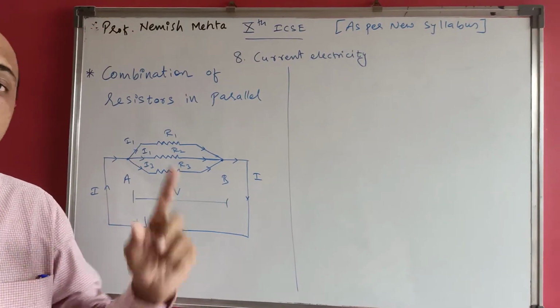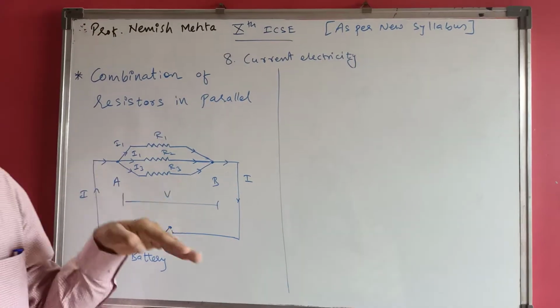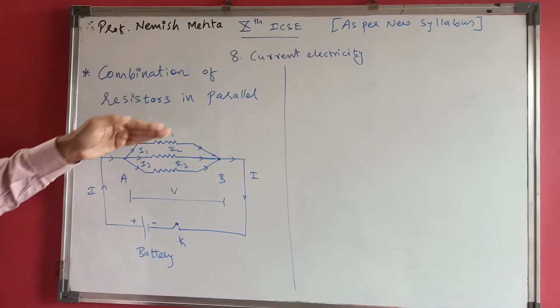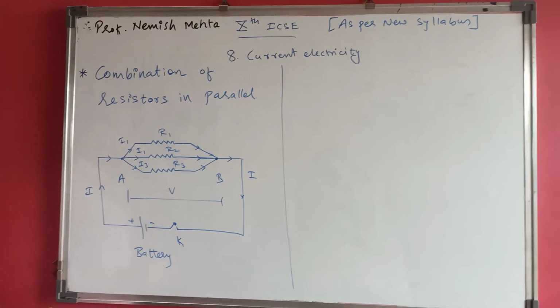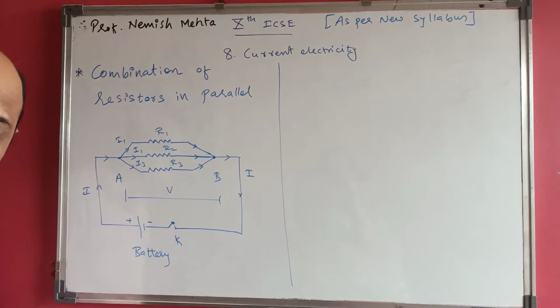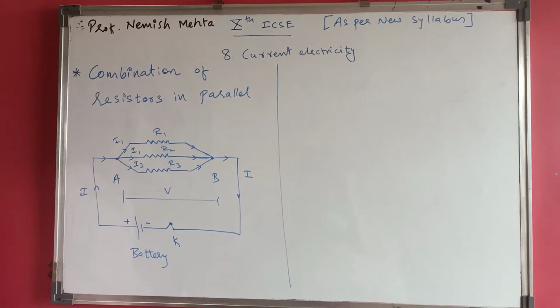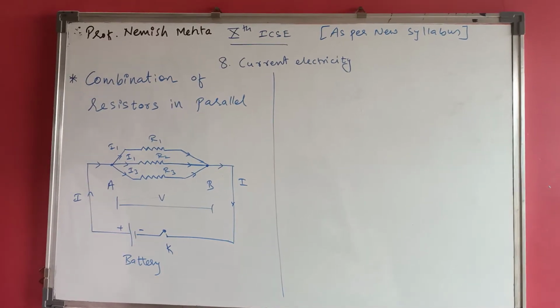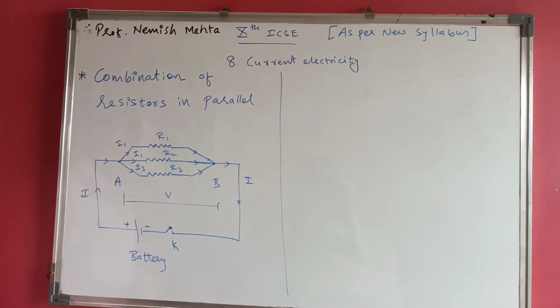Now when the resistances are connected one below the other, such that their potential difference remains constant, it is called a parallel combination.